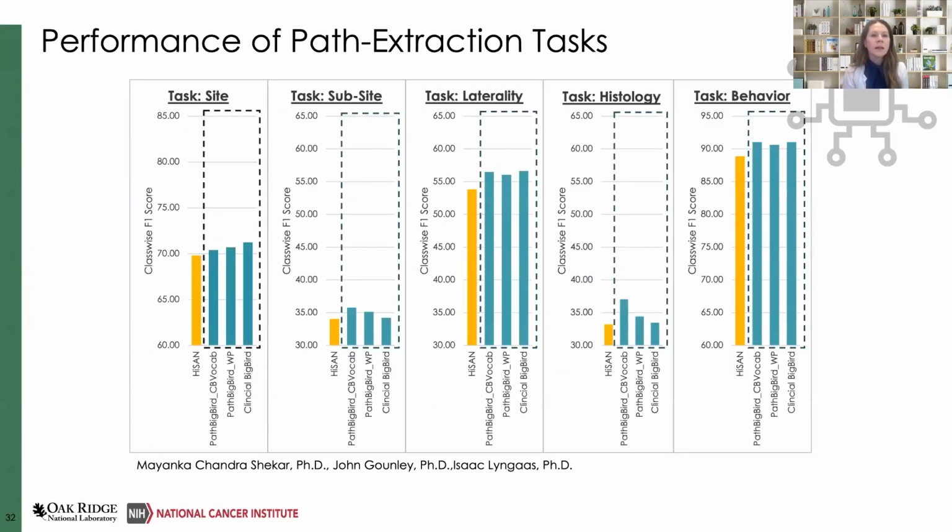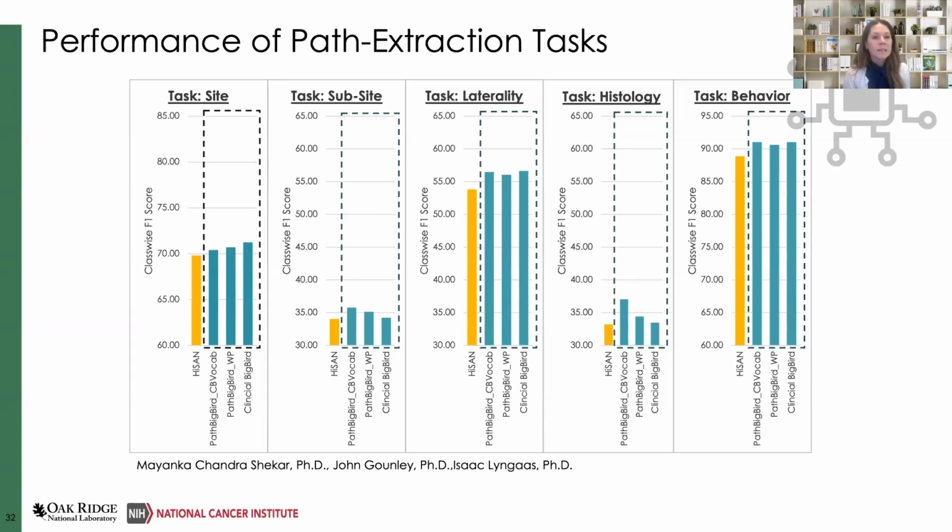So you can see in this slide the performance of the transformer model on path extraction tasks. It is better than our implementation model now, or our production model now, which is the HiSAN. The HiSAN can be seen in the gold bar, and the transformer results, depending on the way that we are running them, can be seen by the blue bars.